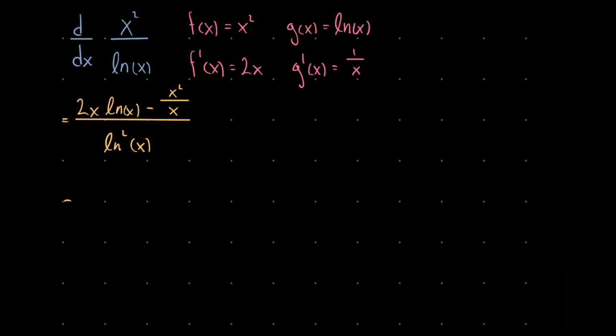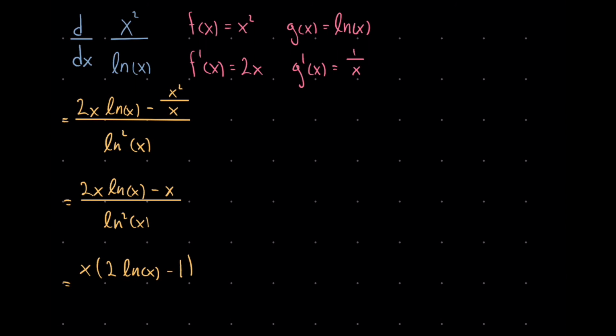Now we could see that this is equal to 2x ln x, and x squared over x, well that's just x, all over ln squared of x. And finally we factor out a term of x to give our final answer, x times 2 ln of x minus 1, all over ln squared of x.